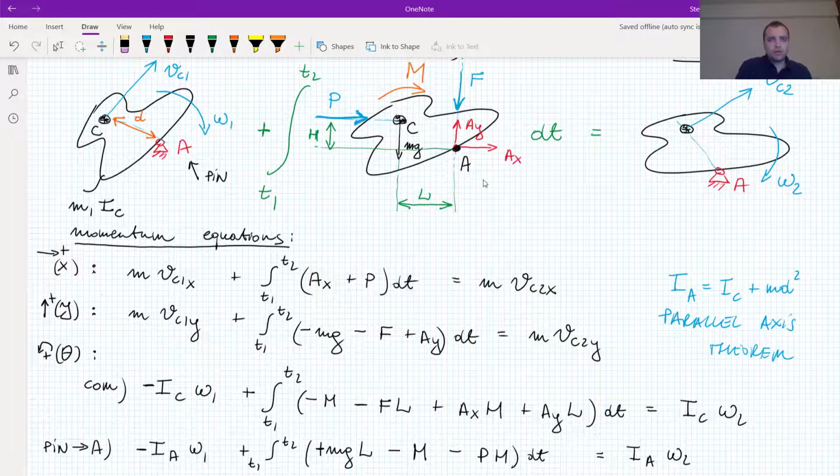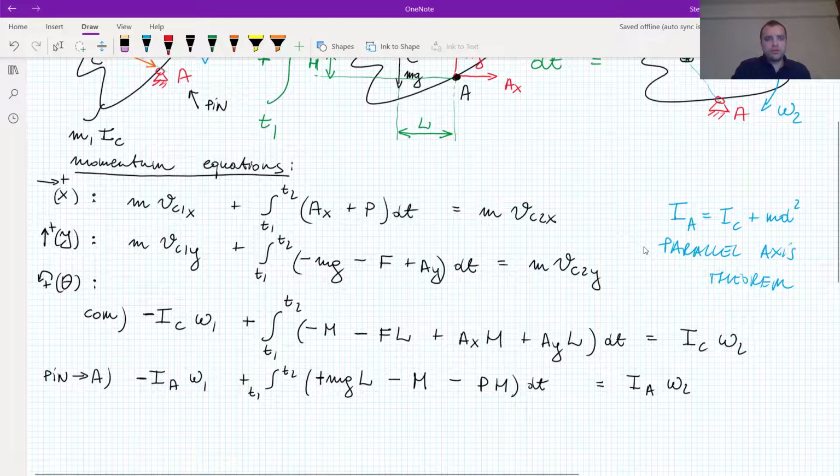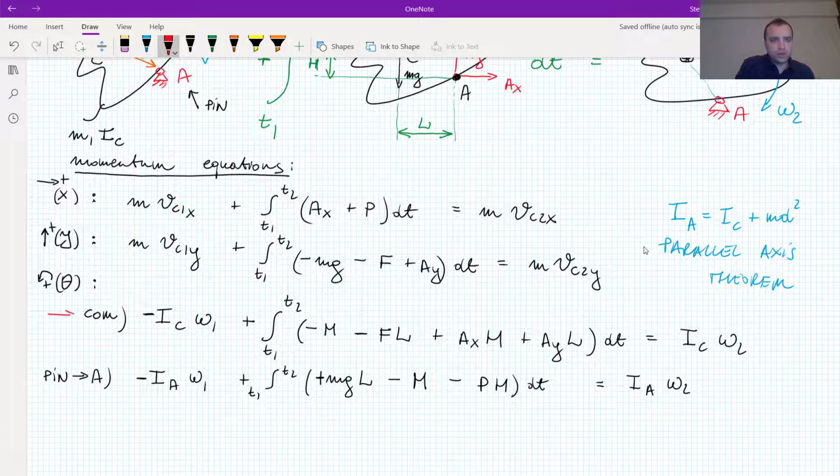Oh, important thing. When it comes to the rotational momentum, you can go for either that equation or for this equation, but never go for two of them simultaneously. If you go for this equation and this equation in your solution simultaneously, then you will end up with tautology.